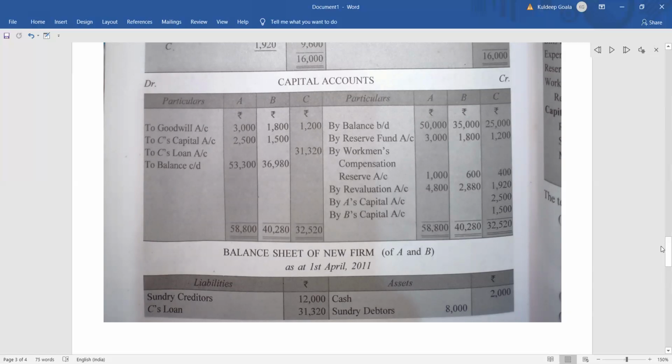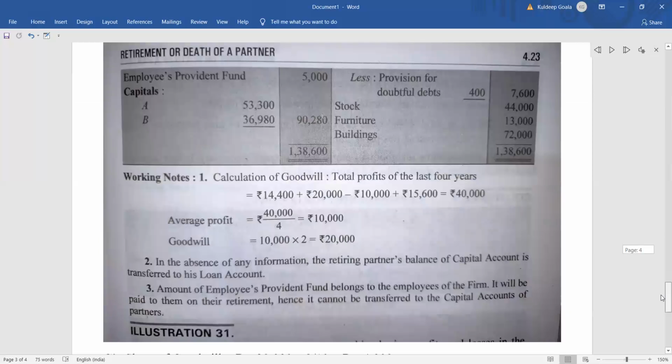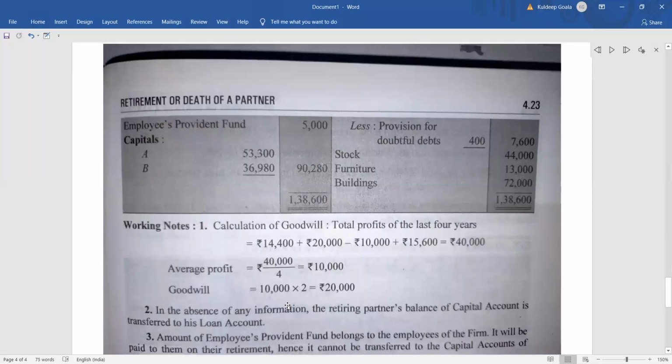After adding 53,300 and 36,980, we get 90,280, and the total of both sides is 1,38,600. Clear? You should mention the note that in the absence of any information, the retiring partner's capital account is transferred to his loan account. And we know that the employees' fund is not transferred to the firm because it belongs to the employees.